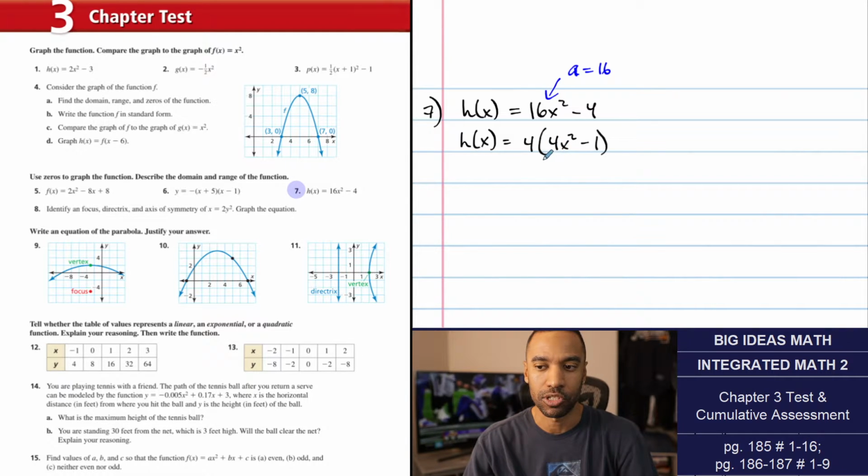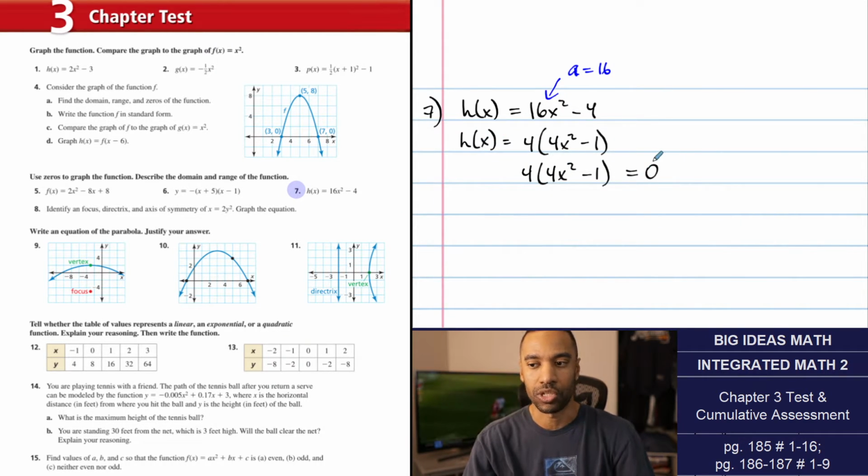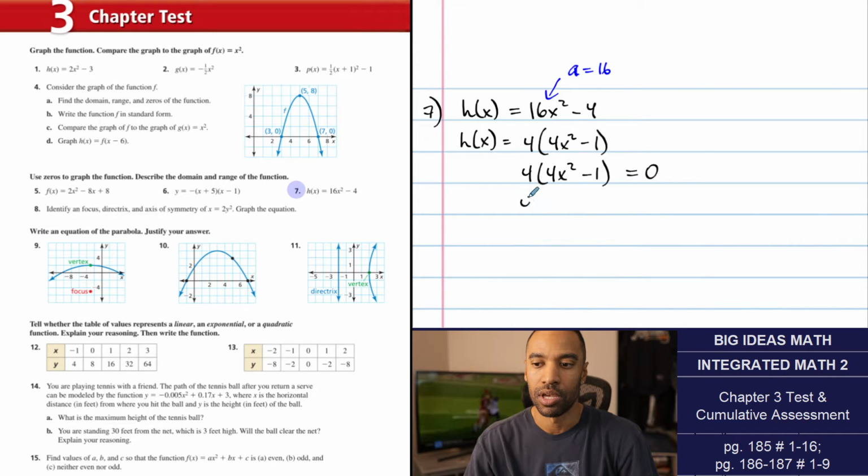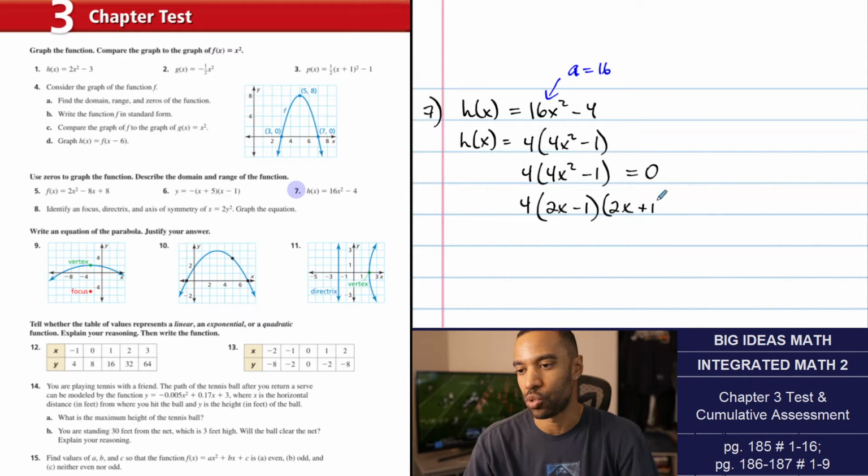My goal right now is strictly to get this solved for when y is 0. I want to find those zeros. So really this 4 doesn't matter anymore, but this is a difference of 2 squares, and it factors to 2x minus 1 times 2x plus 1.